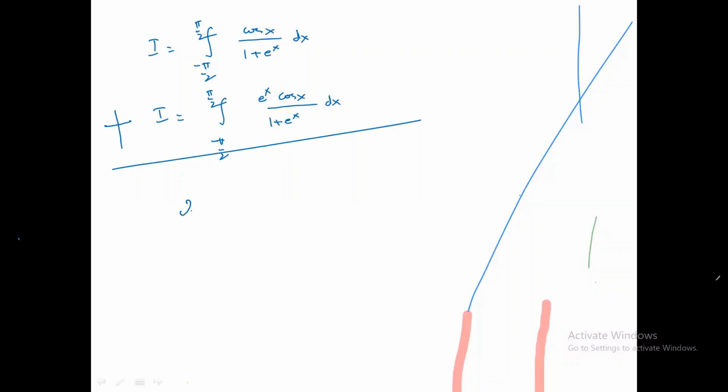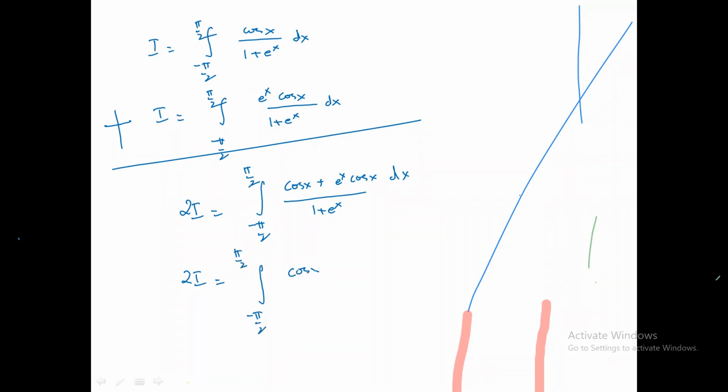I will add. 2I will be equal to the integral from minus pi by 2 to pi by 2, with common denominator 1 plus e power x and numerator cos x and e power x cos x dx added. So 2I equals the integral from minus pi by 2 to pi by 2.